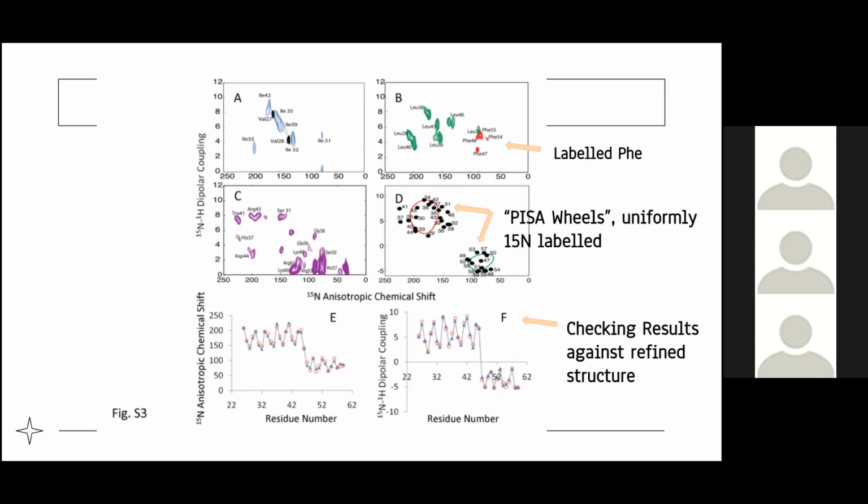And below we can see in diagrams E and F is checking results against a refined structure in a program. And this just helps to make sure the data isn't completely wrong and that we're getting realistic results.